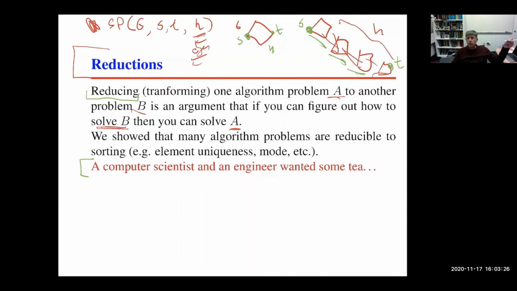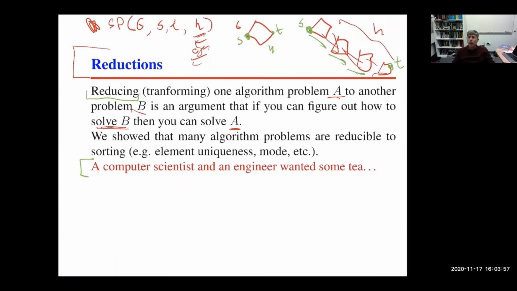He goes to the stove where there is the hot boiling pot of water that was left over. He pours that boiling water out into the sink, dries off the kettle, puts it on the top of the shelf again, and then says, I am done. I have reduced this to a solved problem. If you understand why that is funny, you understand what a reduction is.